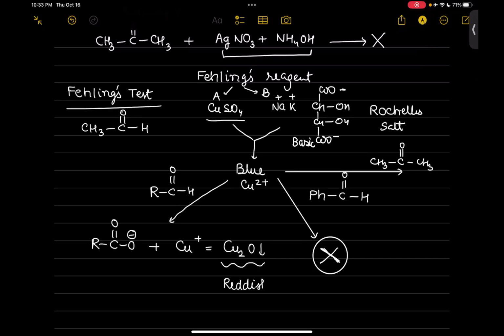Reddish brown, brick red precipitate. Clear? The formation of this brick red precipitate signals the presence of aldehyde. Ketones will not give this test because ketones do not contain any reducing hydrogen. I hope this is clear to all of you.